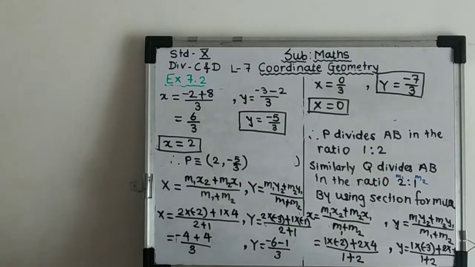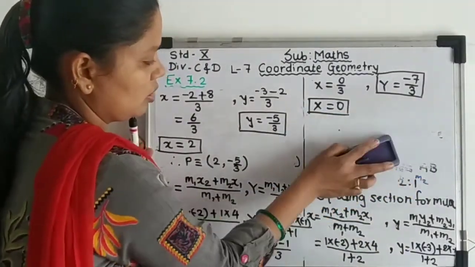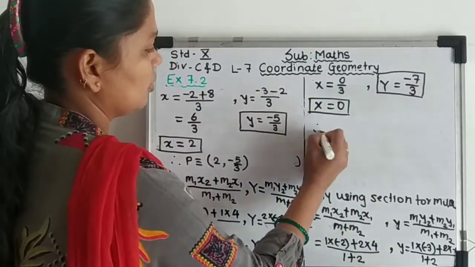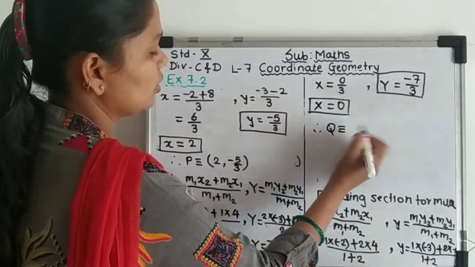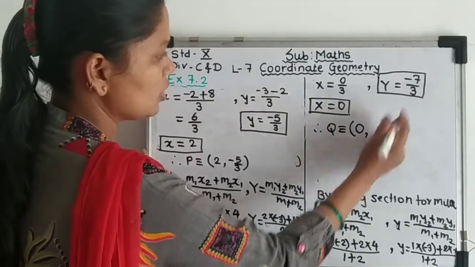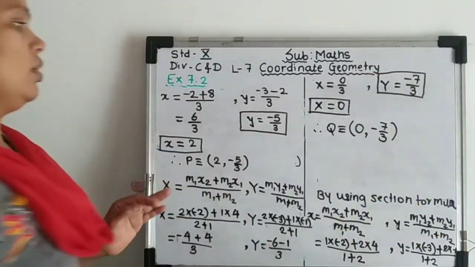Got it? So our q coordinate we got, therefore q equals to x coordinate 0 and y coordinate is minus 7 upon 3. Understood?